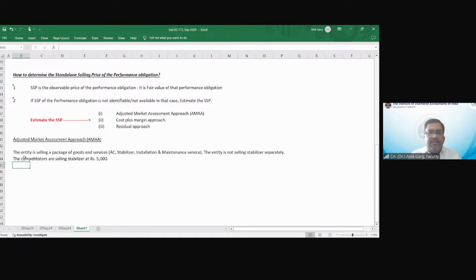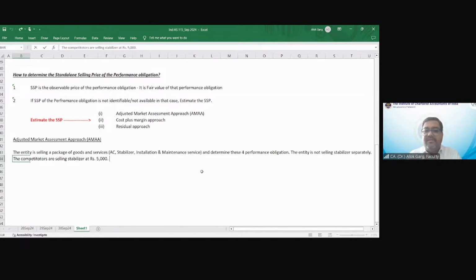The entity is selling a package of goods and services, and has to determine these four performance obligations.